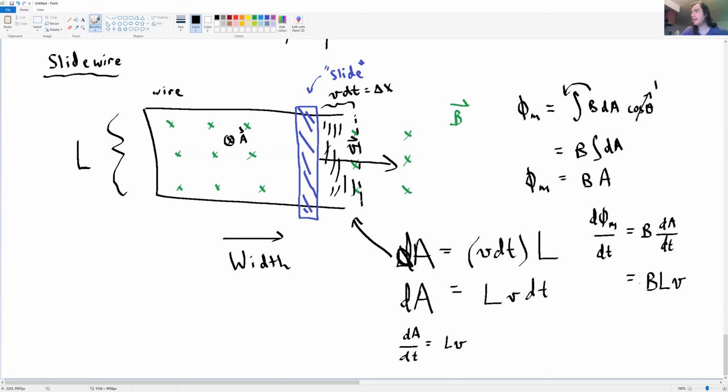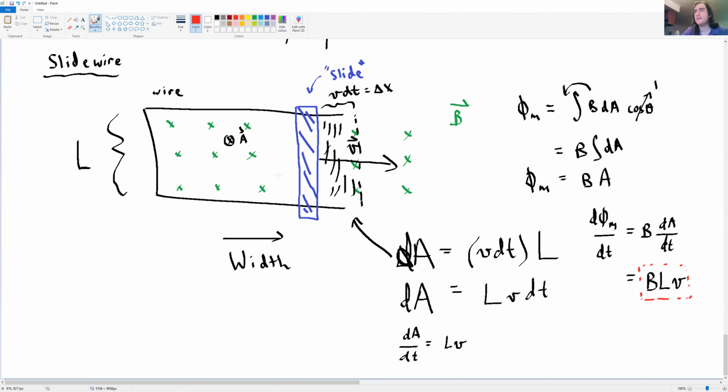And we get an answer that we've seen already. Actually, I calculated something like this for you guys already, called motional EMF, which is actually in this chapter. So I jumped the gun a little bit on that, but that's okay. We've seen this kind of calculation once already. Motional EMF has to do with the forces on charges in this bar as it moves in a magnetic field. If it's a conductor, it will experience some polarization.